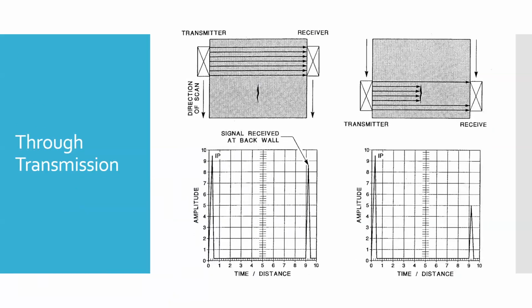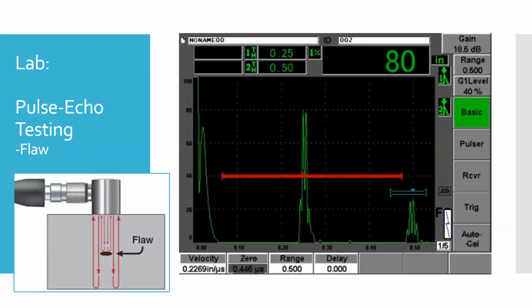Now, what it will change is with pulse echo, as we move the probe, if this probe was further to the left, if just the edge of it was over the flaw, it would be bouncing back. What you'll get is when you first start to move the probe over the flaw, or before you get there, you won't have any peaks, right? You'll look like this. As you start to go over the flaw, you'll get something that goes like this.